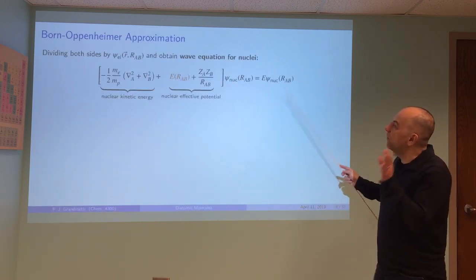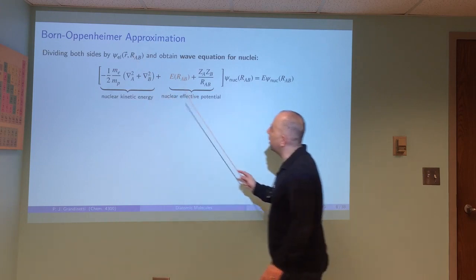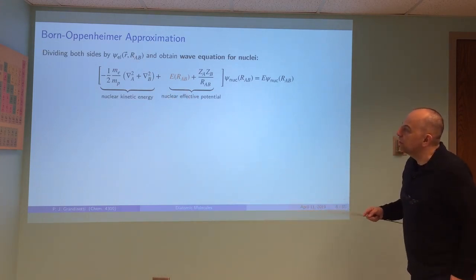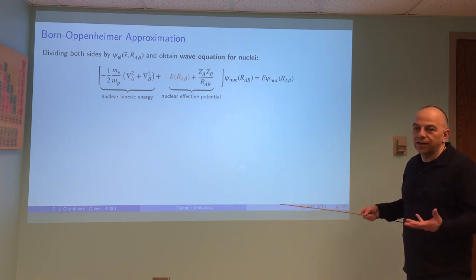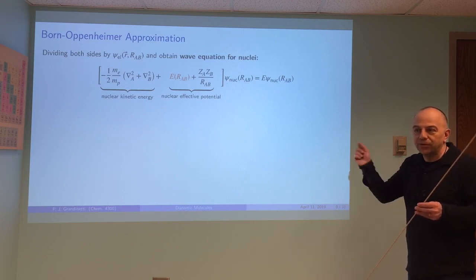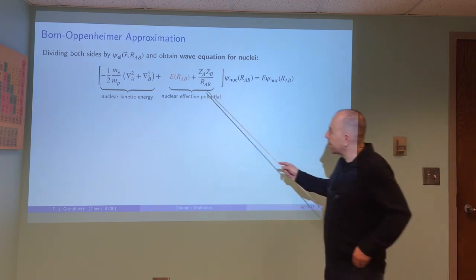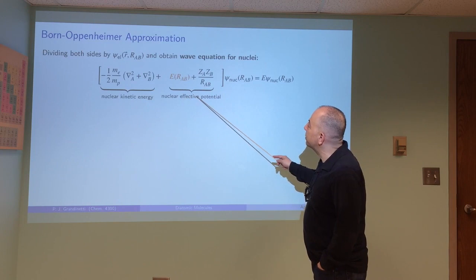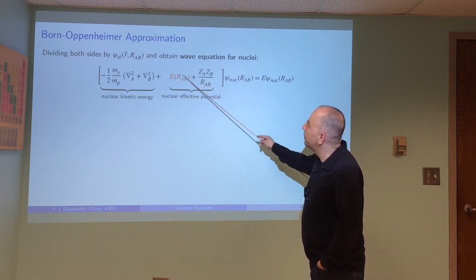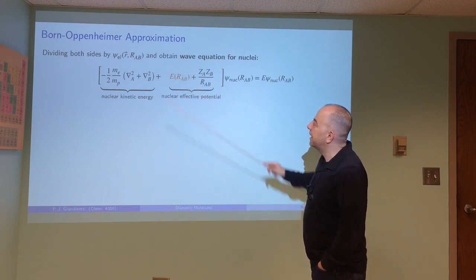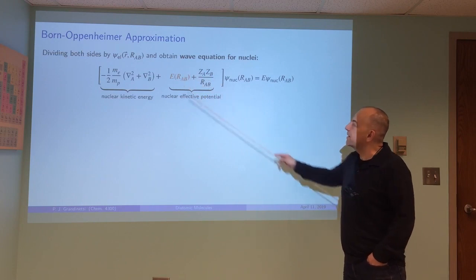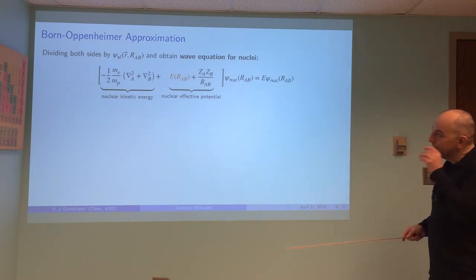Now the psi for the electron is gone, and I have the Schrodinger equation for the nuclei moving in a potential of these fast-moving electrons. The potential that the nuclei see is not just the Coulombic repulsion, but there's also now the electron energy term, which adds to this, which makes this the effective nuclear potential.